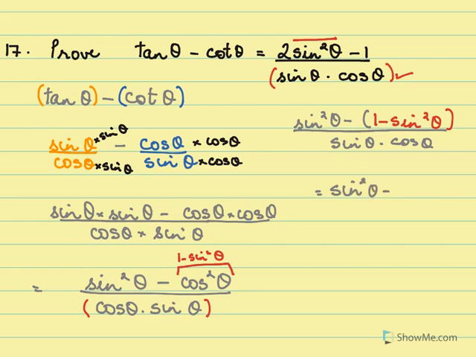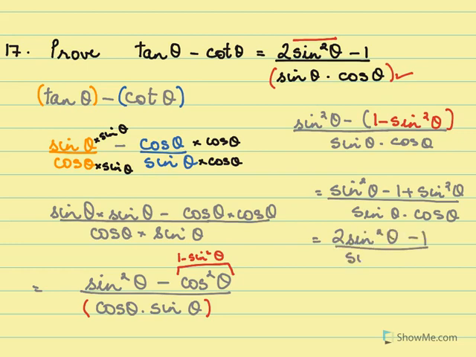Sine square theta minus 1 plus sine square theta over sine theta cos theta. 2 sine square theta minus 1 over sine theta cos theta, and we've got it.